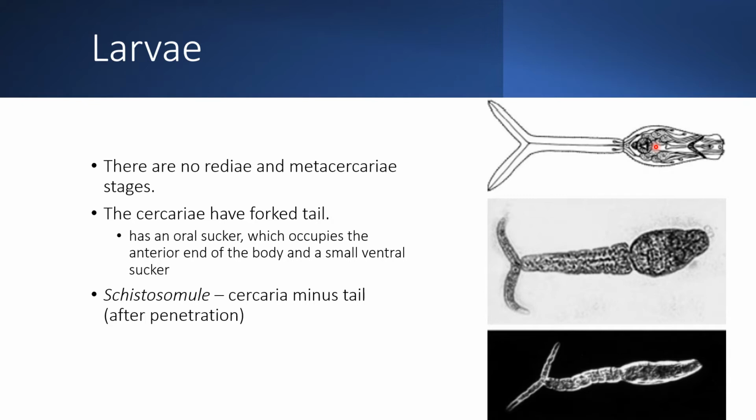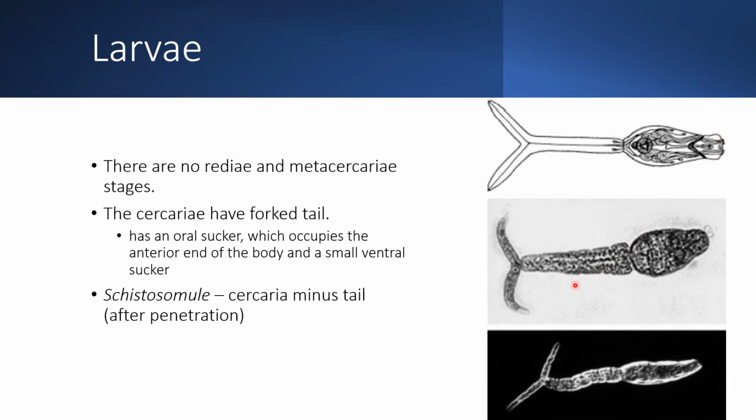To penetrate the skin of the human host, first the ventral sucker will attach to the skin surface, and then the oral sucker releases enzymes, particularly elastase, in penetrating the human skin.